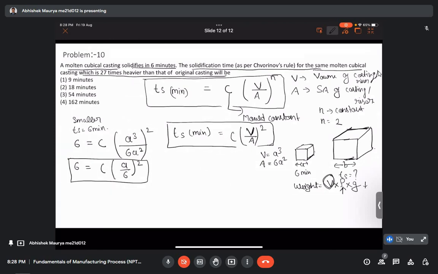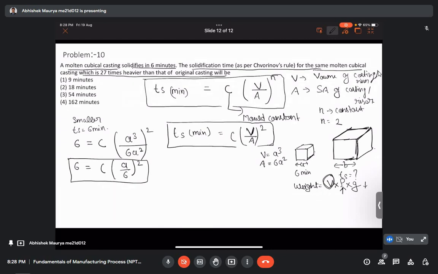So the only thing which is changing is the volume of both castings, and we can directly say if the weight of the bigger one is 27 times the weight of the smaller one, then the volume of the bigger casting will be 27 times the volume of the smaller one.